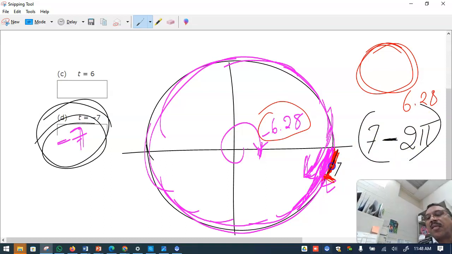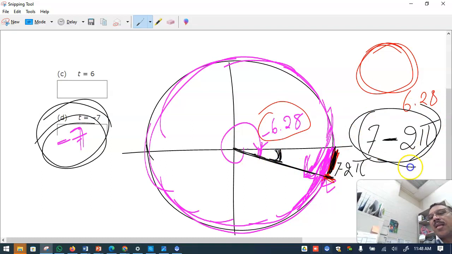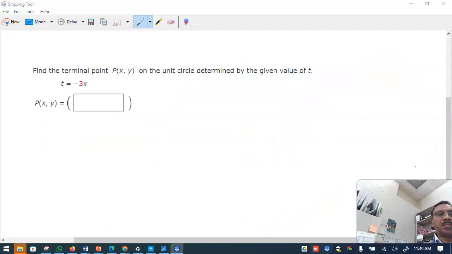So this part is 7 minus 2 pi. I only hope that helps you understand what is given. The reference number is just the shortest distance of the point, so this is the reference angle. You're asked, what is this? This is the reference angle, which is the reference number also, 7 minus 2 pi. Let's go to the next.